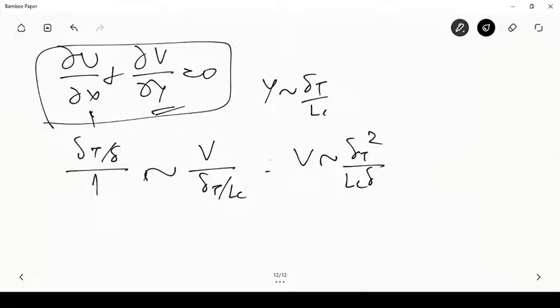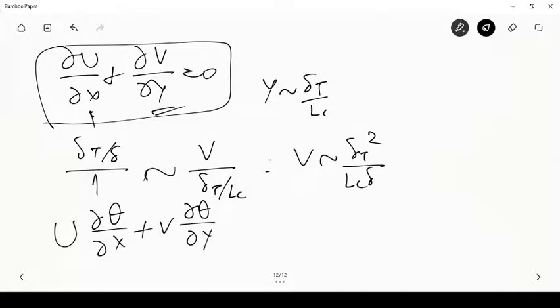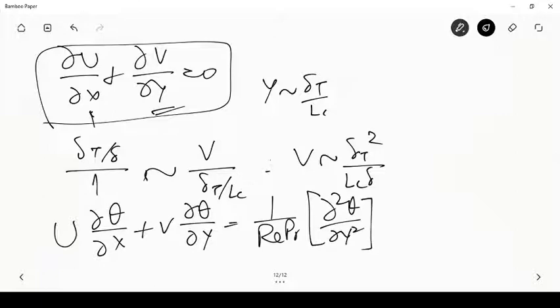If I substitute that into the energy equation, u del theta by del x plus v del theta by del y is equal to 1 over RePr multiplied by del squared theta by del y square. Okay, so in this, if I put the orders of magnitude, let me write that here.